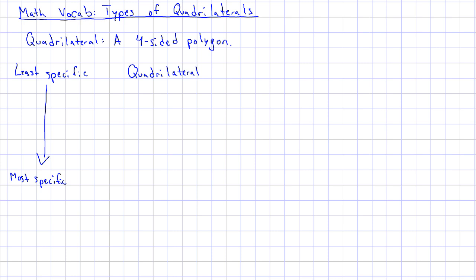Then we have the trapezoid. So this adds a single restriction. This is that we have two sides parallel. Now, usually they are not equal length.